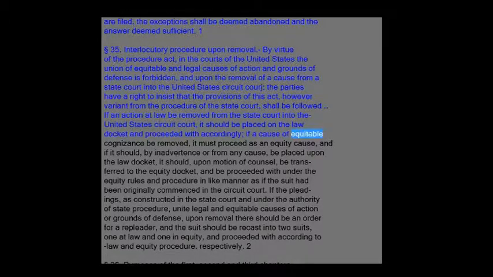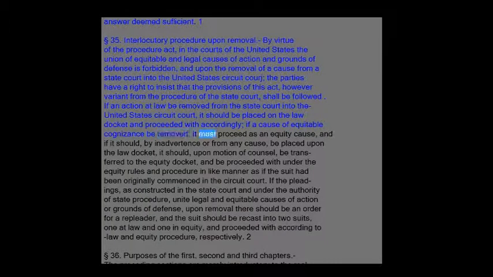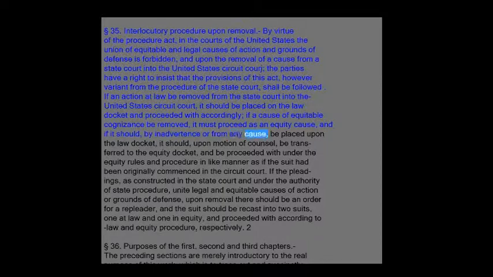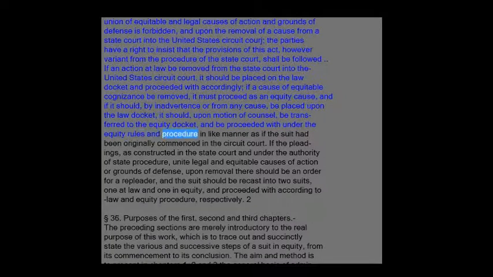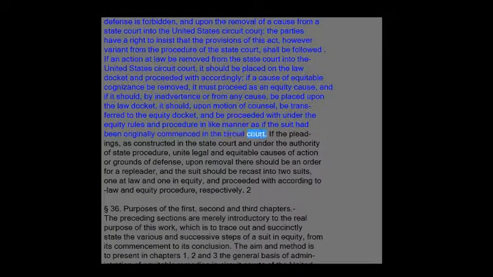If a cause of equitable cognizance be removed, it must proceed as an equity cause, and if it should, by inadvertence or from any cause, be placed upon the law docket, it should, upon motion of counsel, be transferred to the equity docket, and be proceeded with under the equity rules and procedure in like manner as if the suit had been originally commenced in the circuit court.